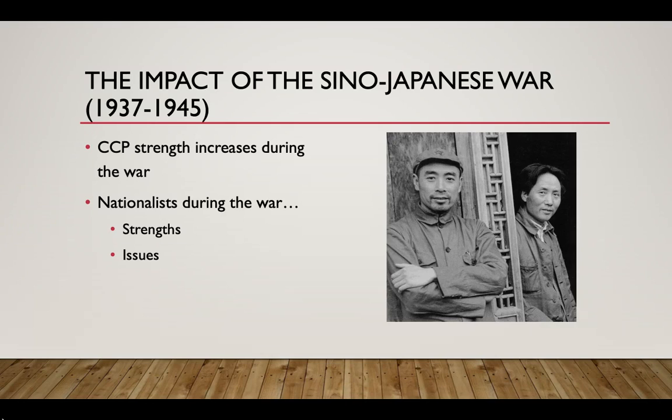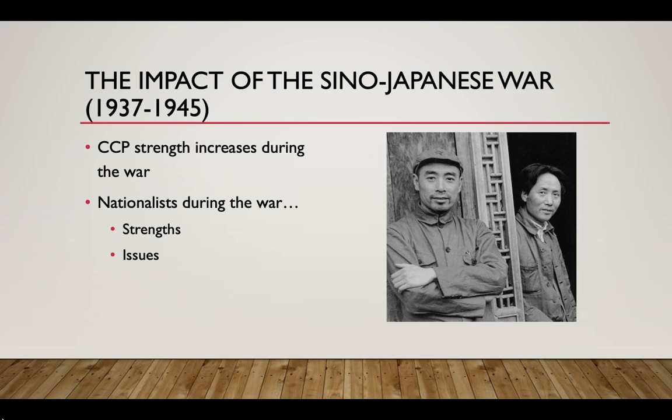For the communists, or the CCP, they will see themselves strengthened during the war. Mao definitely has solidified his position as head of the Chinese Communist Party and the Red Army. And so the size of the communist territorial control increased.